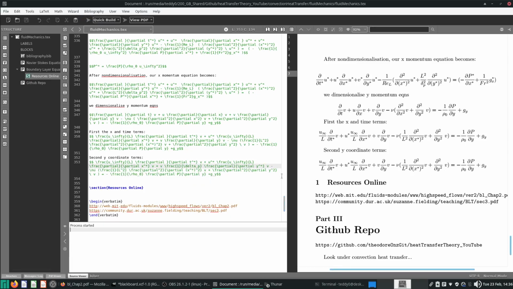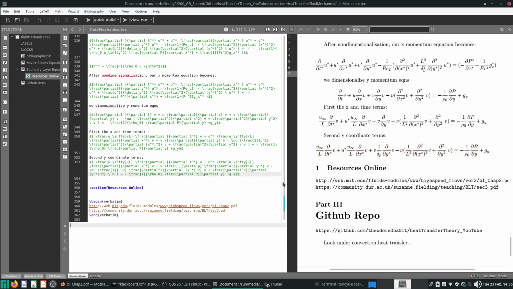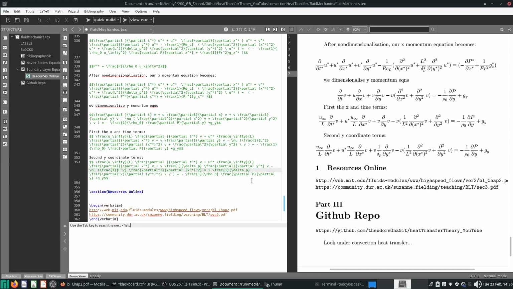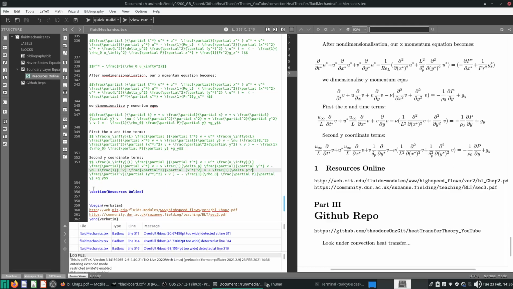Here y will pop up as well, so this one will turn into y star squared. Then the last place we have our y is over here, so we'll need to non-dimensionalize that as well.